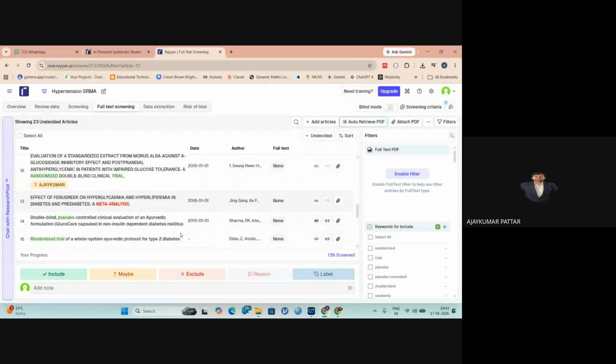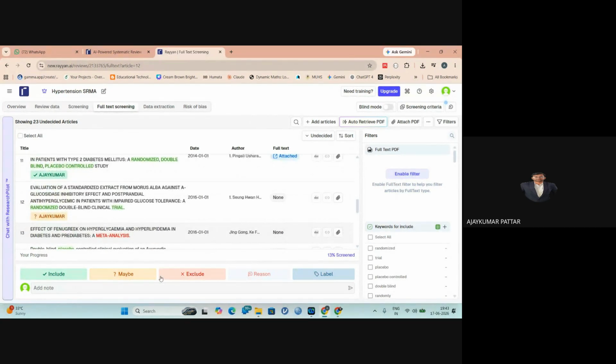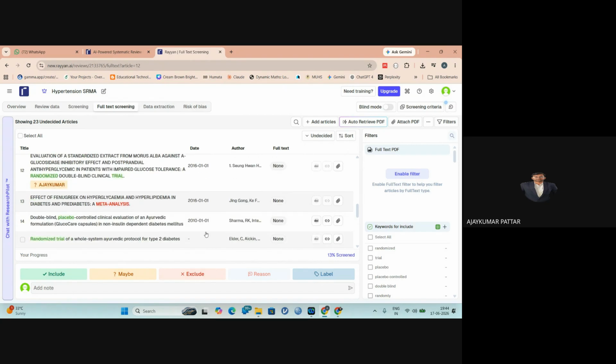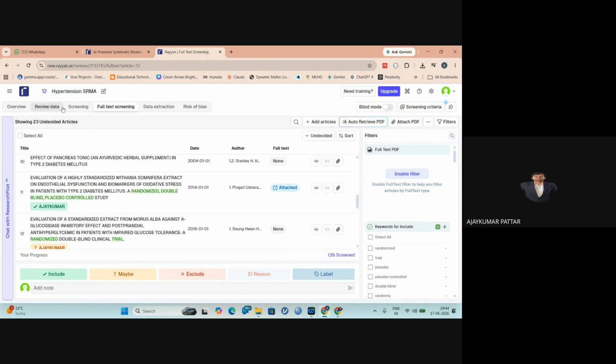Later on also we can keep those papers in our folder. After waiting for some time, we will move on to the next process. But if after some time we are still not able to get the full text, then we will exclude those papers and give the reason that we are not able to retrieve the full text. That is how we should do the full text screening.